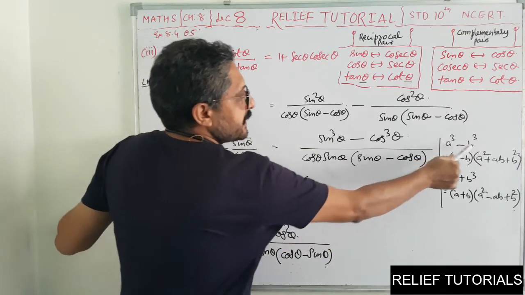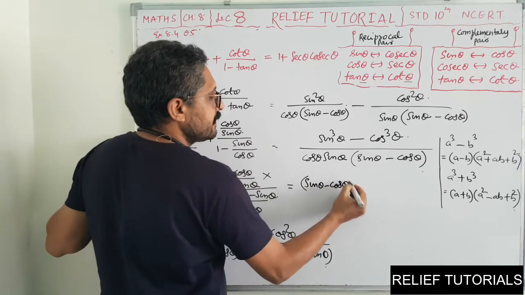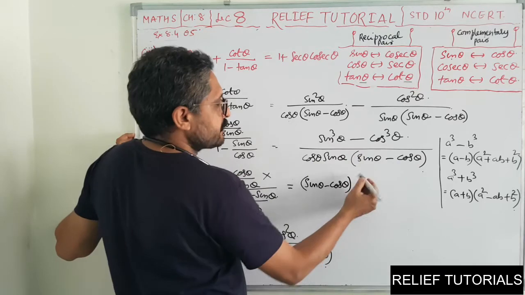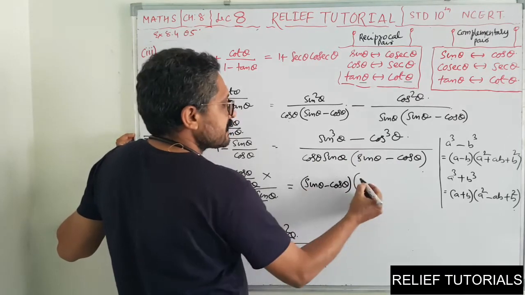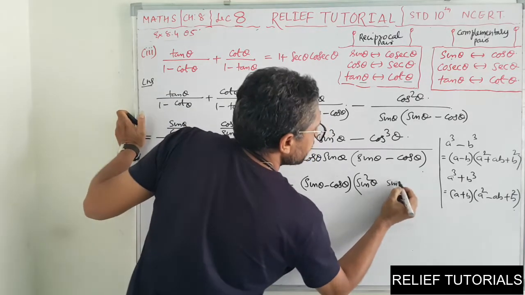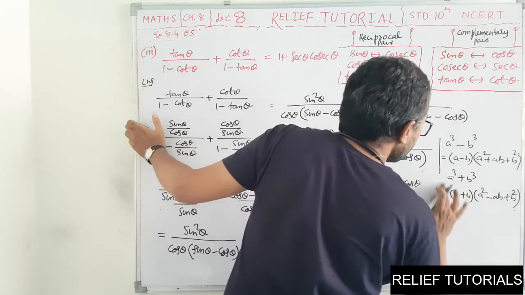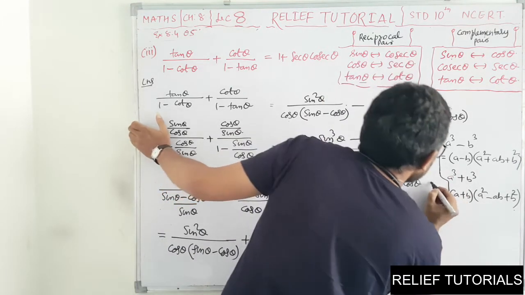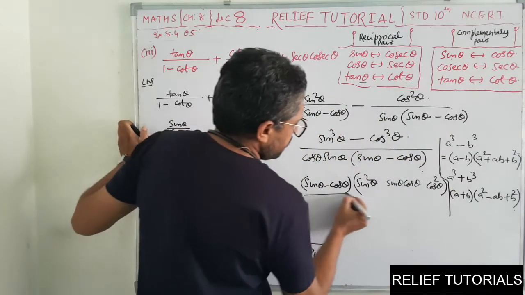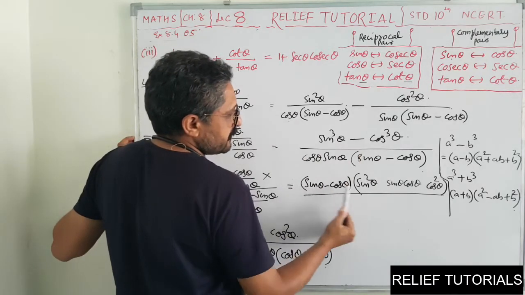So now a cube minus b cube, a minus b, that is sin theta minus cos theta. Now square of this, sin square theta.